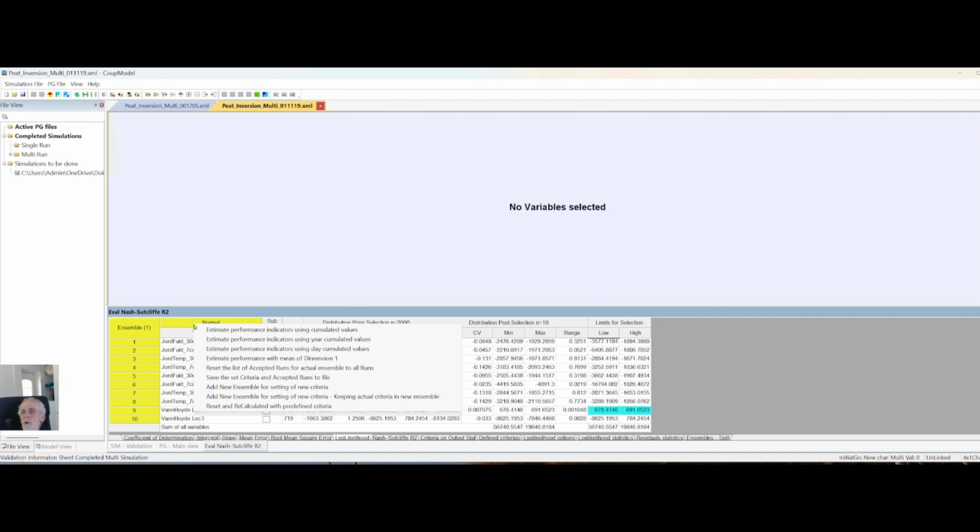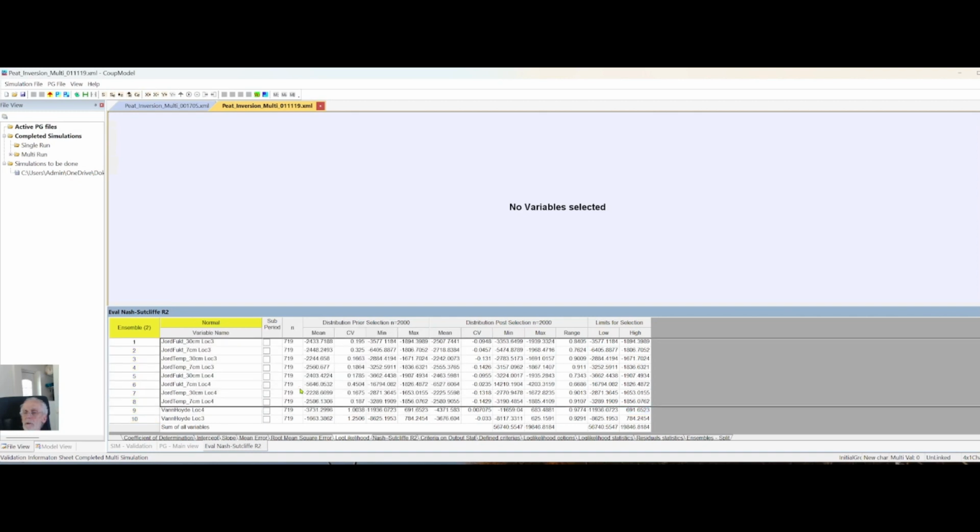Actually, I would like now to make a new ensemble on the same type of data, so I don't want to put anything new. I just add new ensemble for setting of new criteria. So that's it. So now we have ensemble 2, and now we have again 2000.